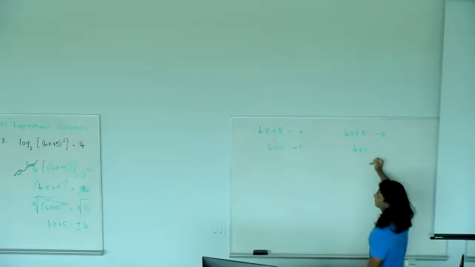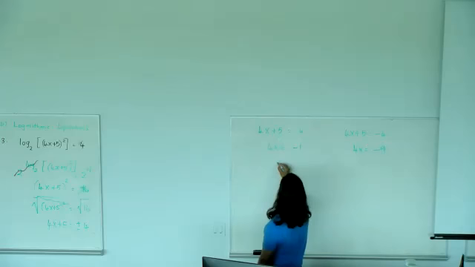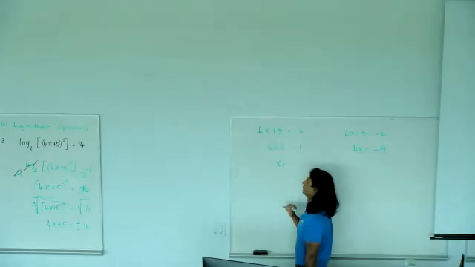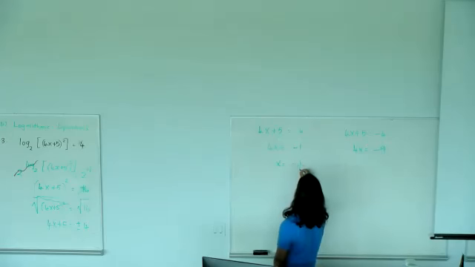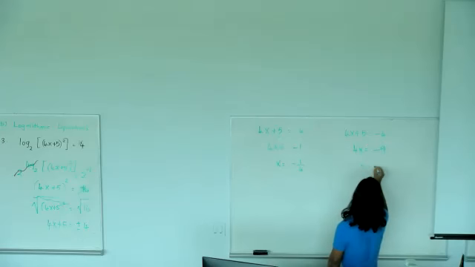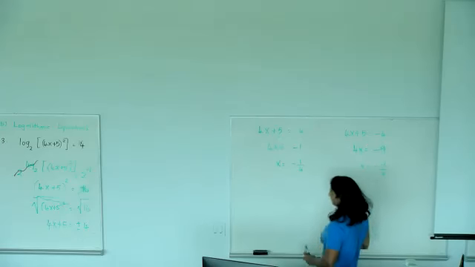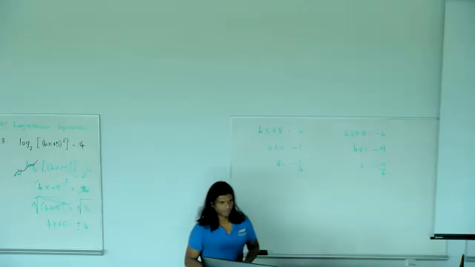Same, move it to the other side, negative 4 minus 5, get negative 9. Divide by 4 on both sides: negative 1 over 4, negative 9 over 4. So I have two solutions.